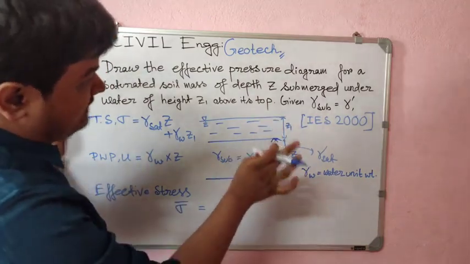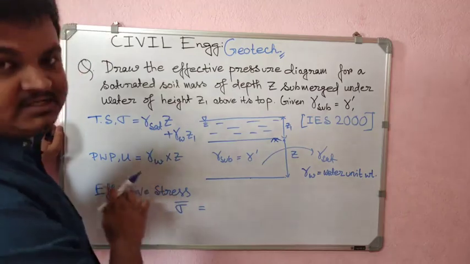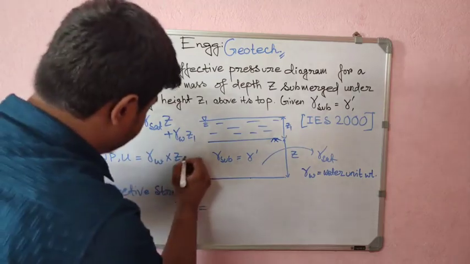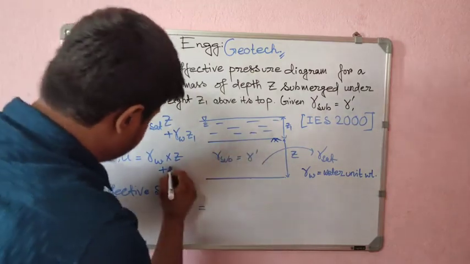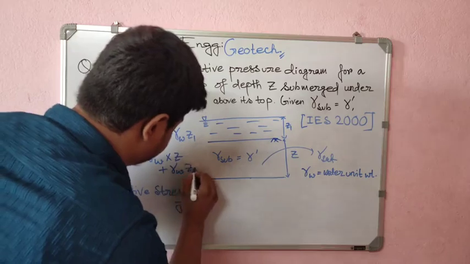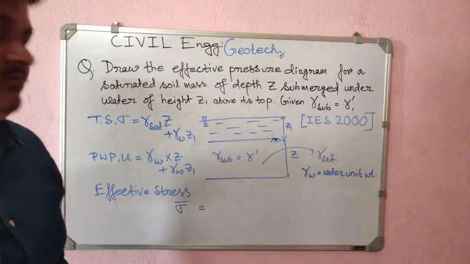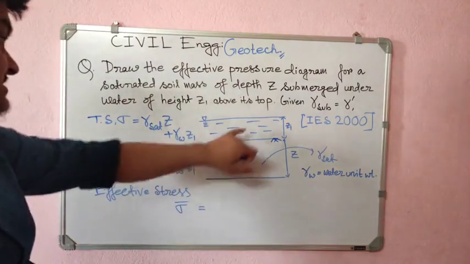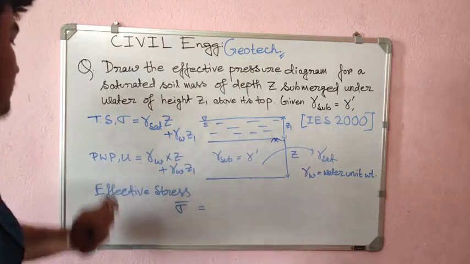So we have to add this much pressure of the water to this pore water pressure. So it will be plus gamma w into z1. You have to carefully watch that for this height of water you have to take for the pore water pressure.